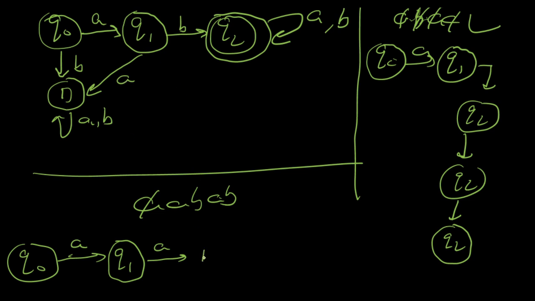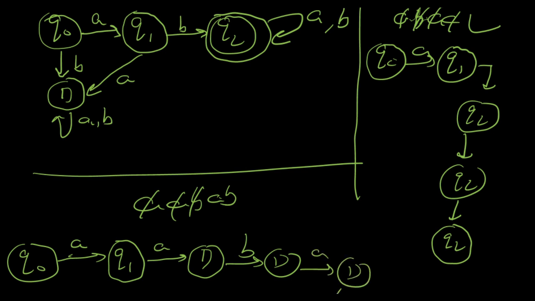We go to the dead state. At the dead state, when we get B, we remain in the dead state. Again we get A at the dead state; whether we get A or B, we remain in the dead state. And in the last, we get B at the dead state and we remain in the dead state. So this string will not be accepted. Only those strings will be accepted that start with AB.